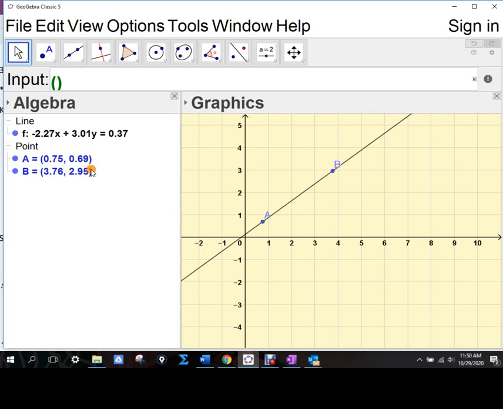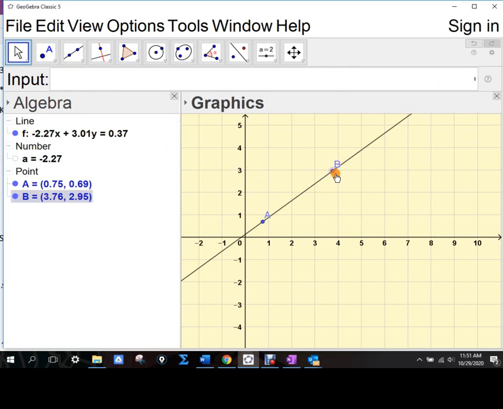So the way I'm going to do that in GeoGebra, I'm going to say the y value of point A minus the y value of point B. And it'll make sense why I could take 0.69 minus 2.95, and it'll give me a specific number, right? But what this is allowing me to do is when I move A and B, it will show me that amount changing.